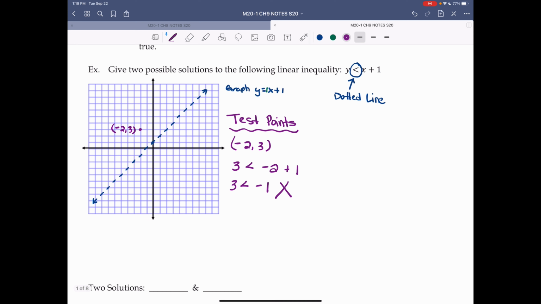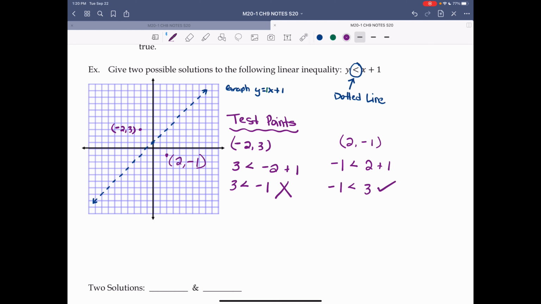So testing a point that's on the other side, maybe I test 2, -1. Plug in our values. Y, which is -1, is less than x, which is 2, plus 1. -1 is less than 3. That is a true statement.